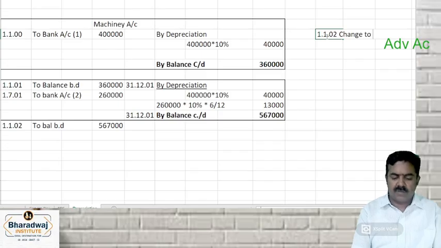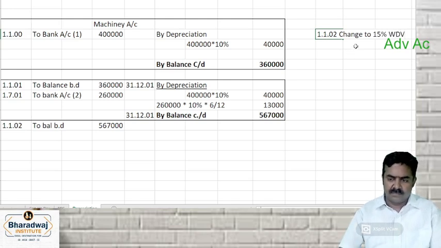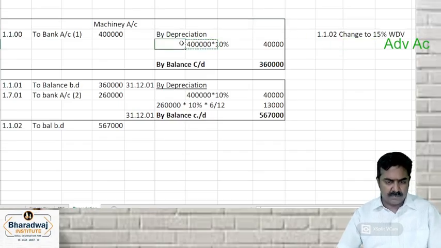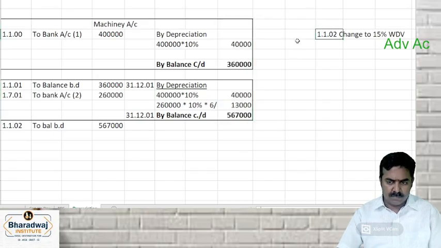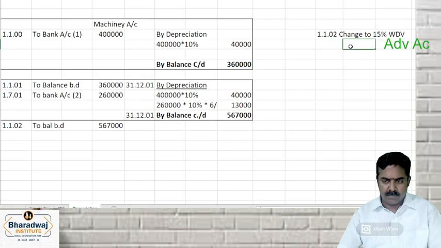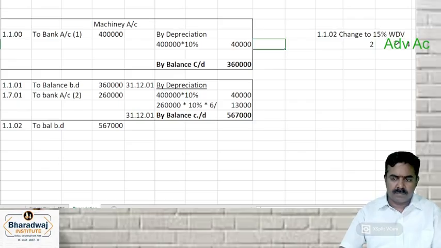Change to what percentage? 15% WDV for the first asset and second asset.